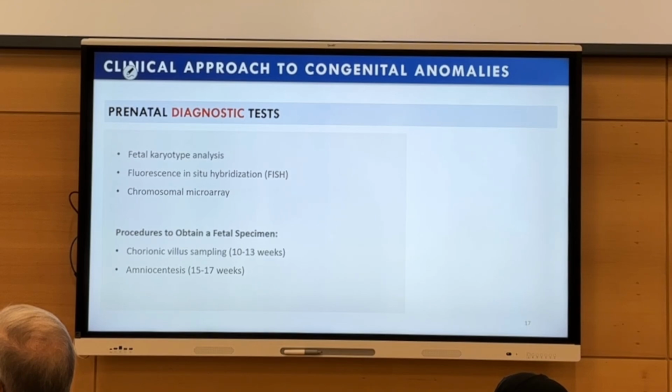Why they failed? There is a simple rule. You don't do these invasive tests unless you have a very high risk pregnancy. This is indicated by either an abnormal screening test or an abnormal ultrasound that indicates complex anomalies.